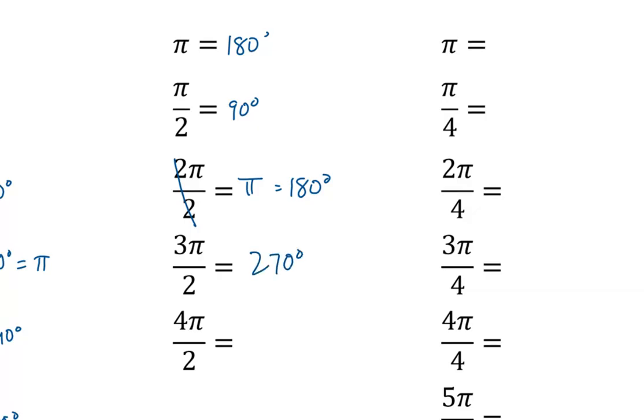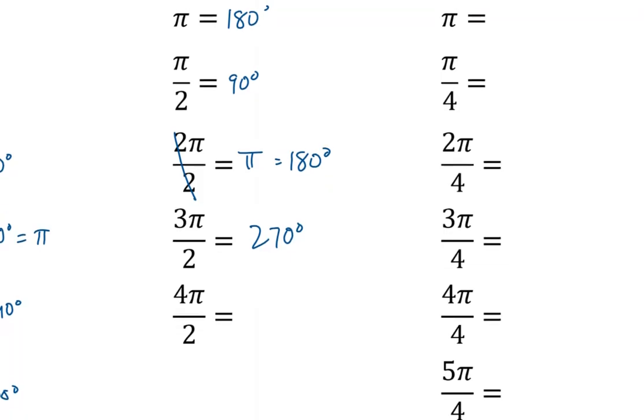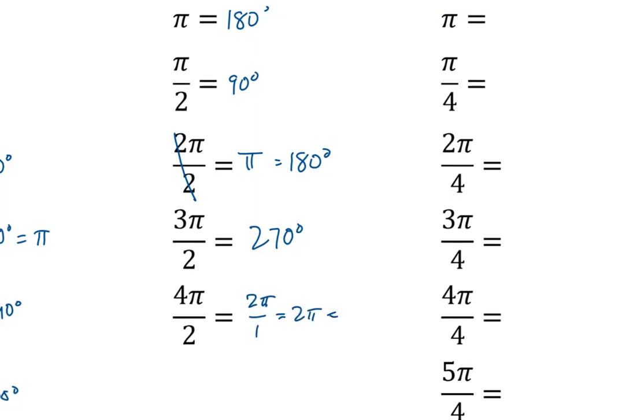Do you recognize that? Isn't that one of the splits of the quadrants? Quadrant 3 and 4, that's where your 270 is, so that's 3 pi by 2. 1 pi by 2, 2 pi by 2, 3 pi by 2, 4 pi by 2, which is 2 pi by 1, or 2 pi, or 360.